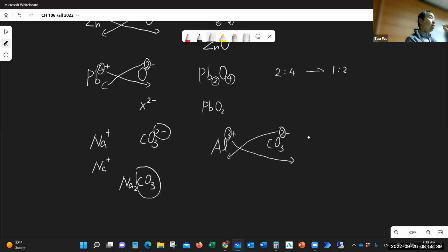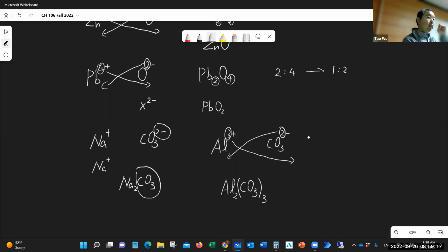Don't worry about how to write the 2 aluminum ions, but how do we write the 3 carbonate ions? You write aluminum and carbonate over there. You put 2 underneath the aluminum, which means 2 aluminum ions. But how do we write the 3 carbonate ions? You put parentheses over the whole carbonate, and then put the 3.